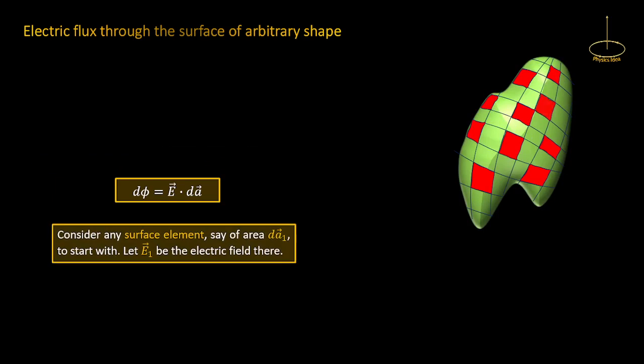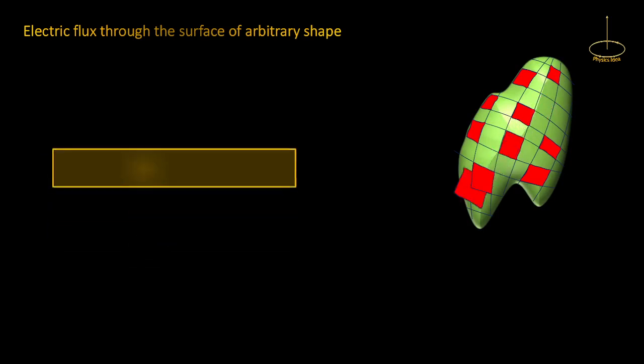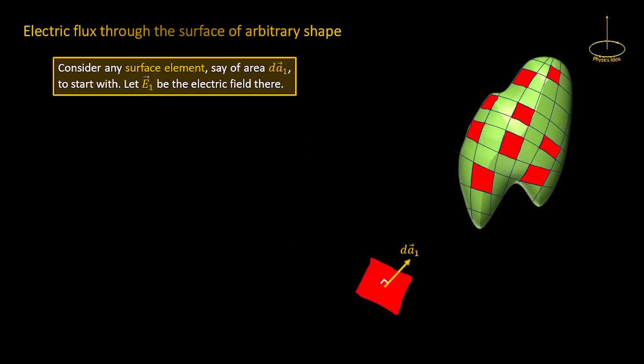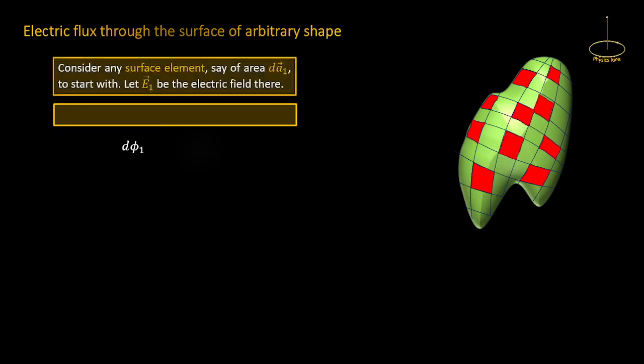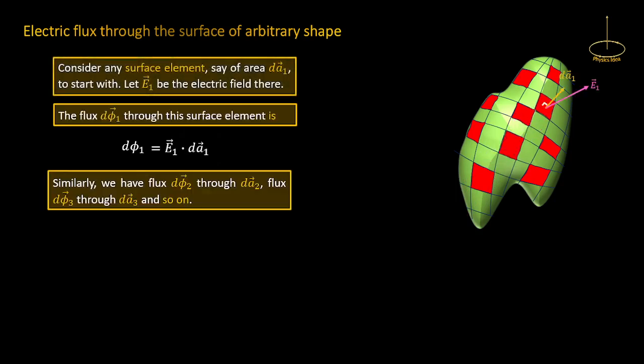Consider any surface element, say of area dA1 bar. To start with, let E1 bar be the electric field there. The flux d phi 1 through this surface element is E1 bar dot dA1 bar. Similarly, we have flux d phi 2 through dA2 bar, flux d phi 3 through dA3 bar, and so on.